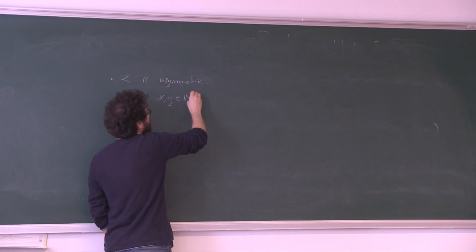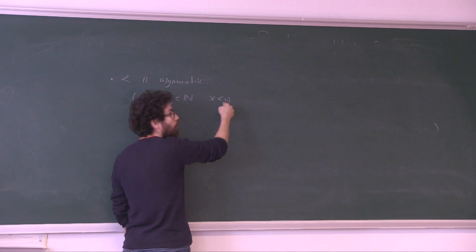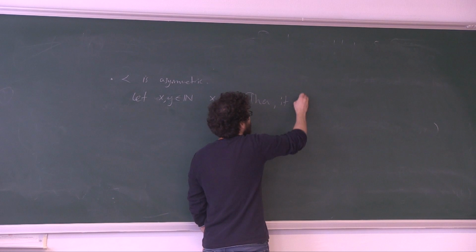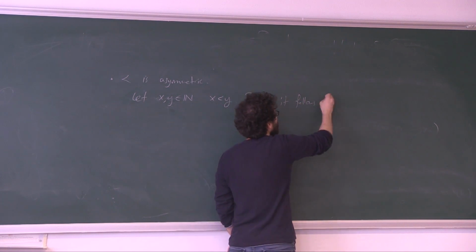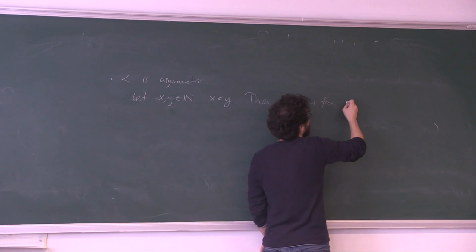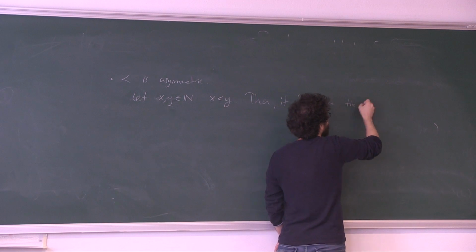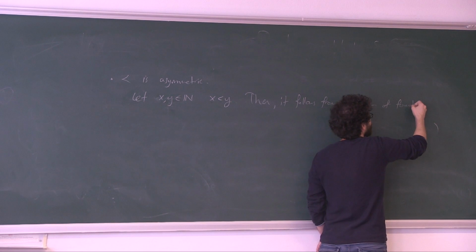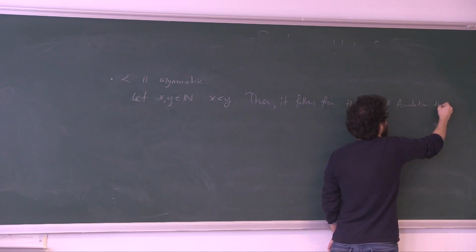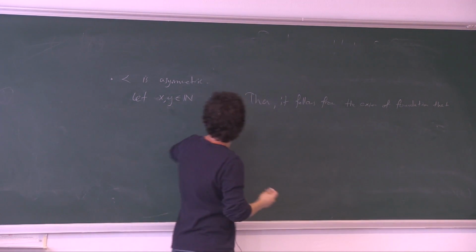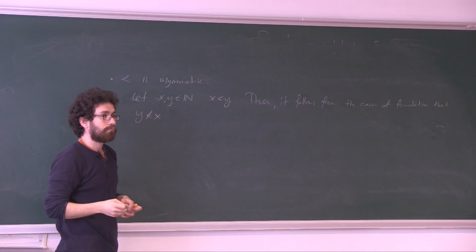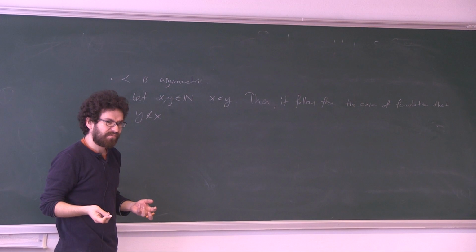Let x, y be natural numbers such that x is in y. Then it follows from the axiom of foundation that if x is in y, y is not in x, right?